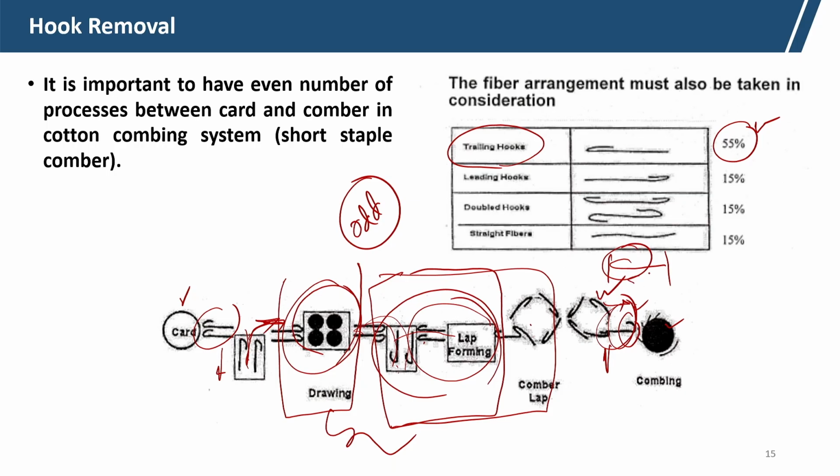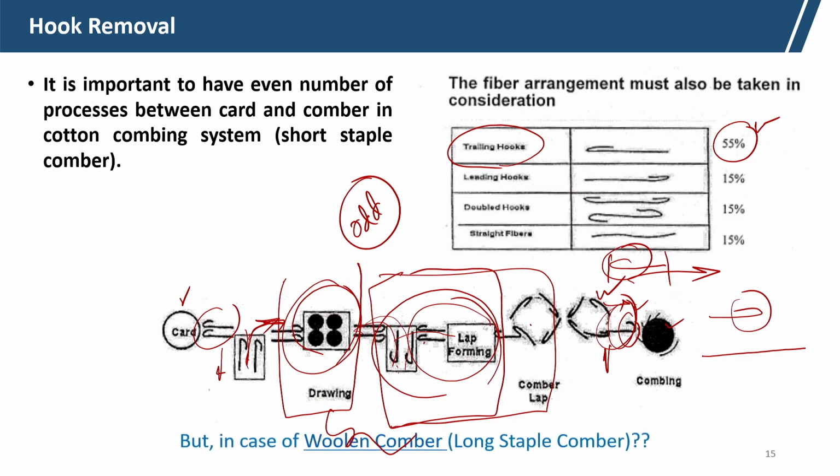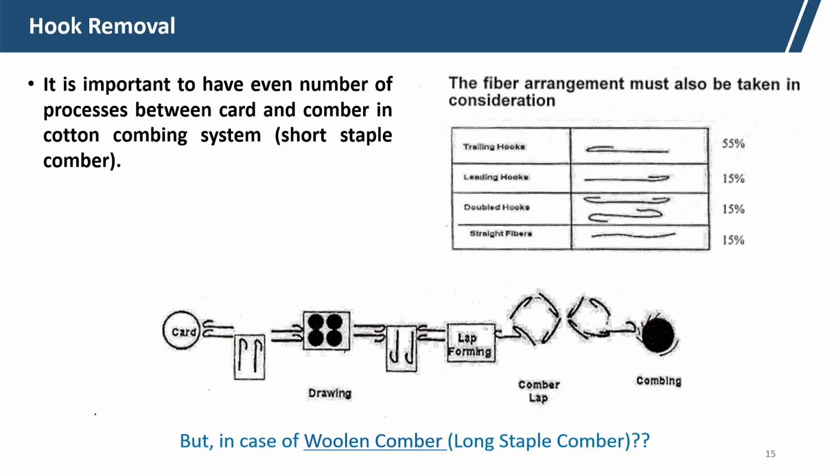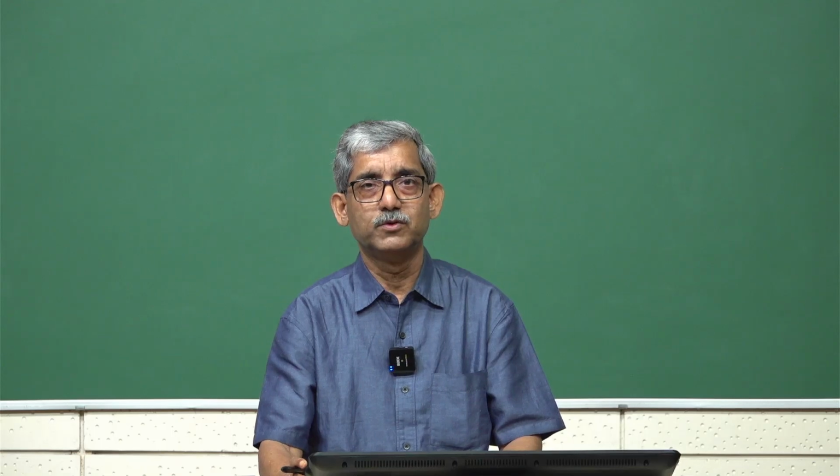So, this may go in as waste, but in the even number of cycles, the short fiber, that is the hooked portion, will be removed and the fiber extent will increase. So, this will not go in the waste. In case of the wool comber, the long staple comber, the feeding will be reversed, and an odd number of processes is used.